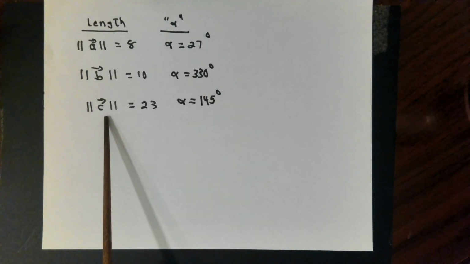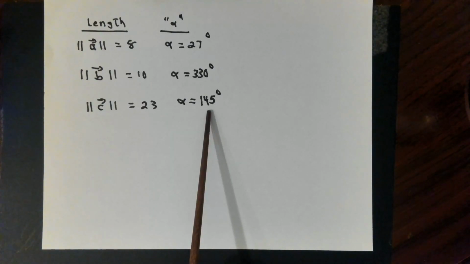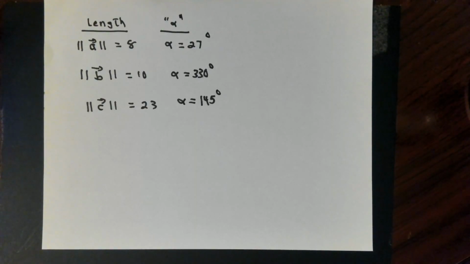And vector c has length 23 and makes an angle of 145 degrees with respect to the positive x-axis. I'd like to find the vector sum a plus b plus c, also known as the resultant. After finding that, I'd like to be able to tell you the length of that vector, the length of vector a plus b plus c, and also I'd like to tell you the direction that that vector is pointing in.